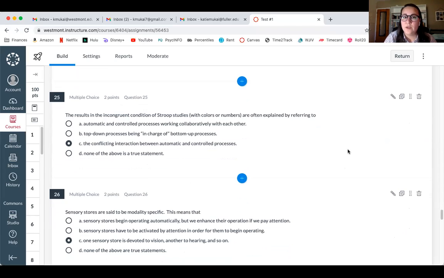So if you remember, the Stroop effect or the Stroop studies involve three separate stages. The first stage or phase of the study is the person just has to name colors that are like blocks of color printed on the page. So like blue, red, green, red, red, blue, green.